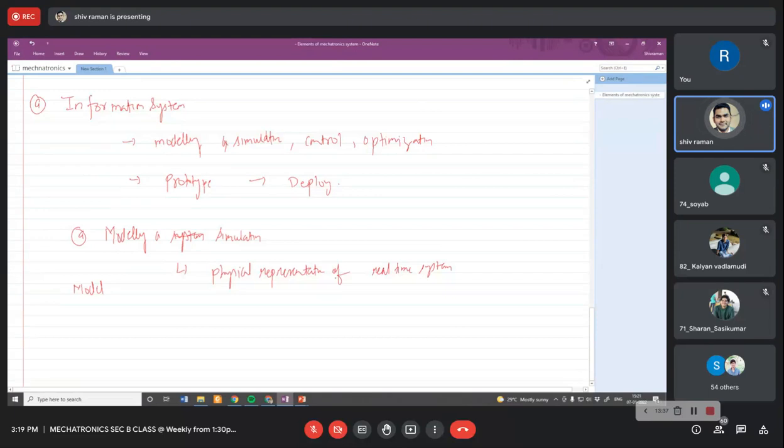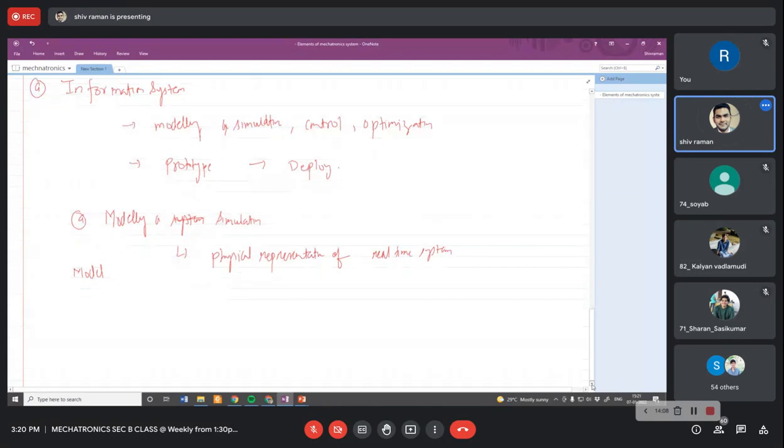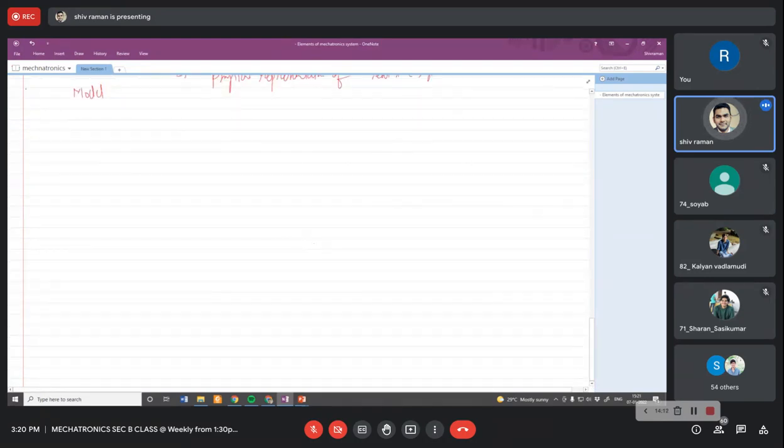But you should keep in mind that your model should be close enough to reality, but it should not be complex. It should be a simple model so that it is more understandable and has more clarity. So you make it close to reality, but keep it simple.